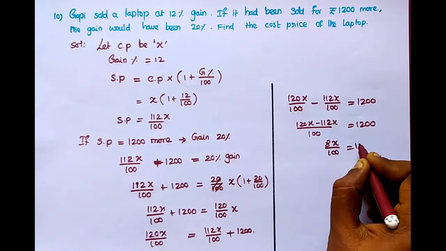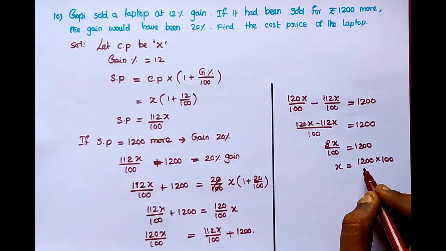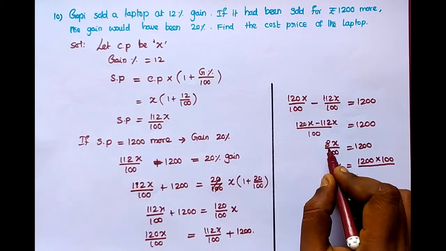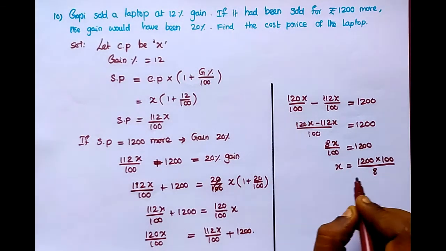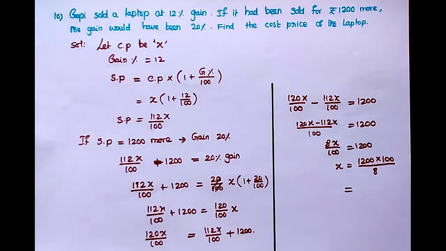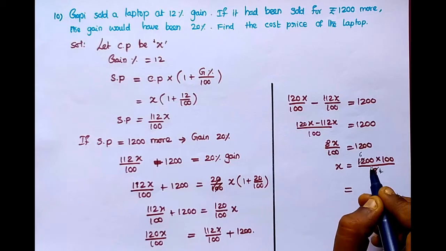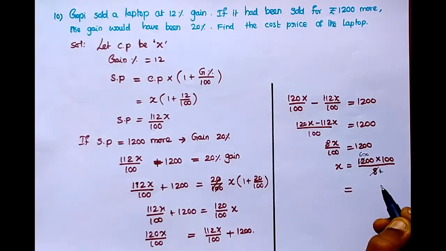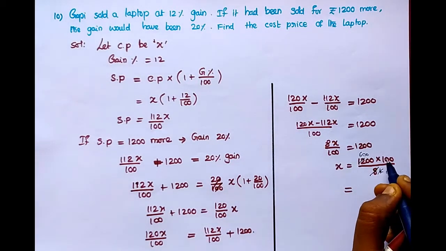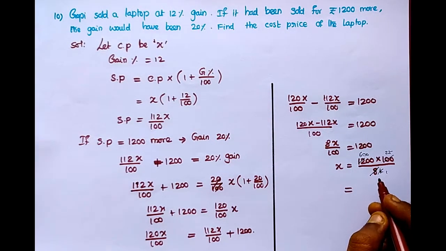So x equals 1200 into, here 100 is in division, so bring this side, means multiplication. Here my 8 is in division, so here means division. Now cancellation, listen. 4 2s are 8, 6 2s are 12, put 2 zeros means 600. Here 1 4 is 4, 25. 25 4s are 100.